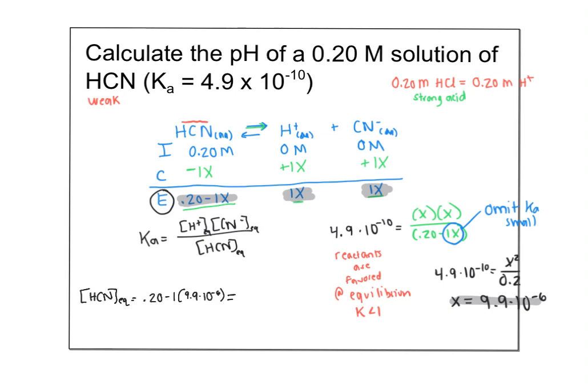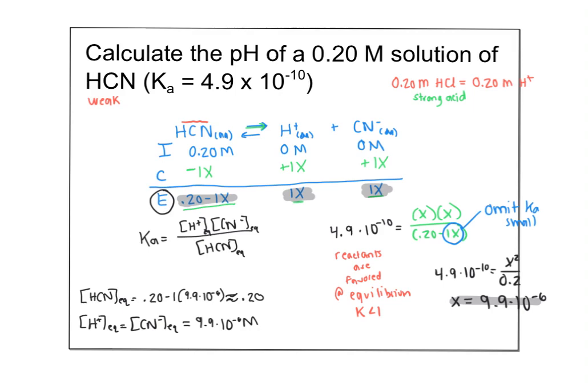So that gives me something really small, like essentially 0.2, because I'm basically taking 0.2 minus something so small, sig fig wise. And then we can do the same for H plus at equilibrium and CN minus at equilibrium. I'm saying those are equal because they're both 1x. So that equals 9.9 times 10 to the negative 6 molar.